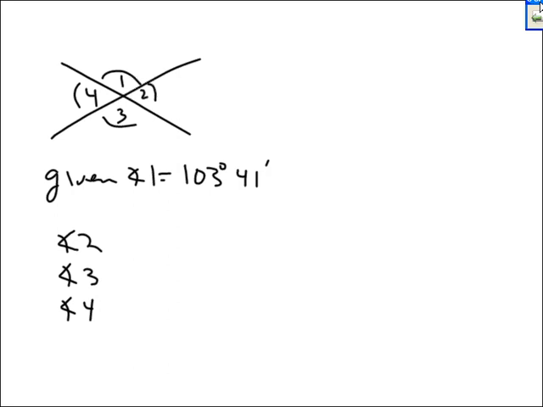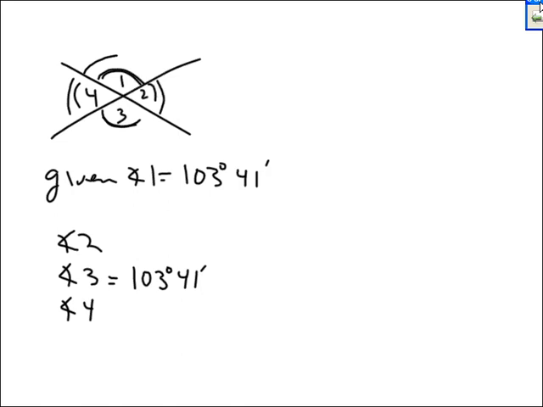The first thing you should realize is that angle 1 and 3 are equal, because they're opposite, or vertical. So angle 3 is that amount. Now we have to find 2 and 4. In fact, we just have to find one of them, because they're vertical angles.